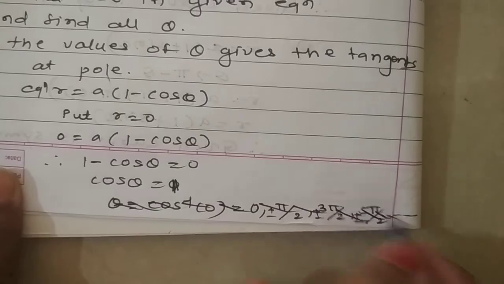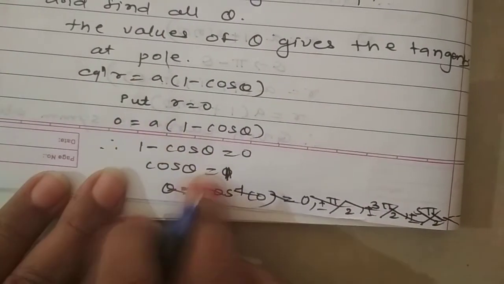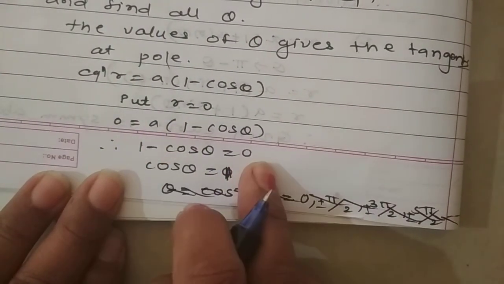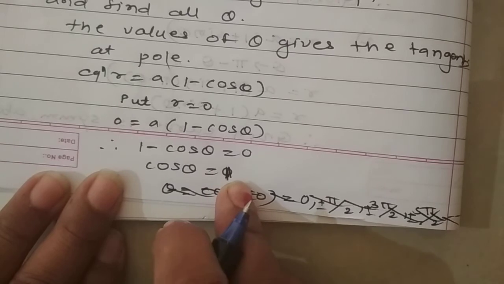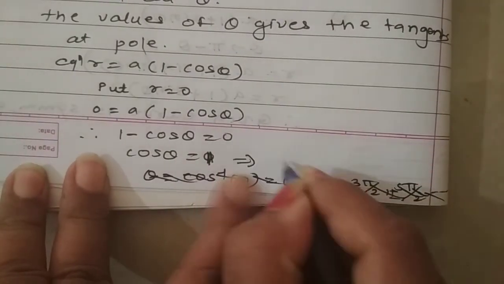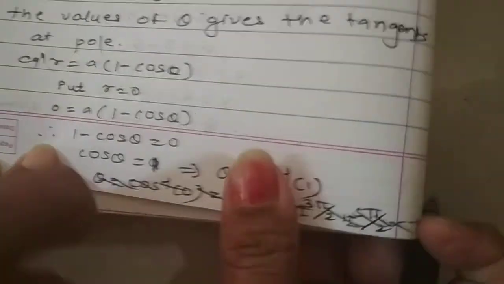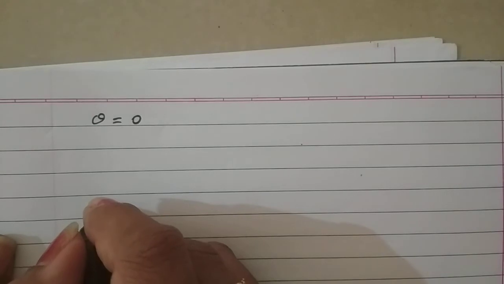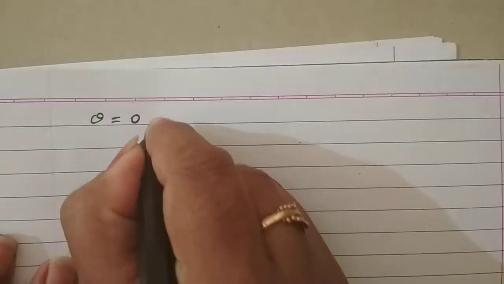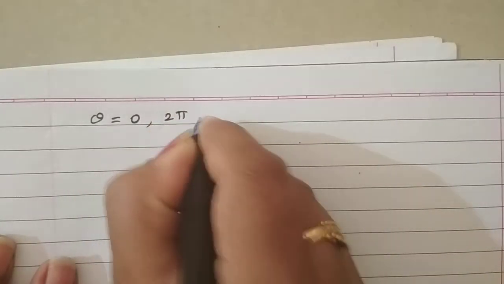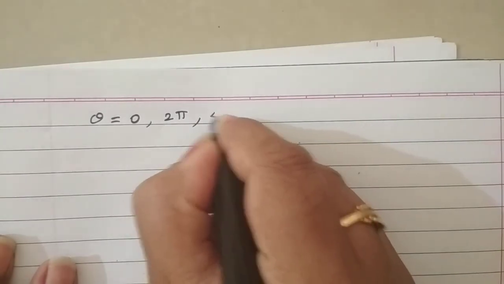Once again, we discuss this point. Here we get 1 minus cos theta equal to 0. Therefore, cos theta equal to 1. And therefore, theta is equal to cos inverse of 1. Cos inverse of 1 is 0, 2 pi, 4 pi.